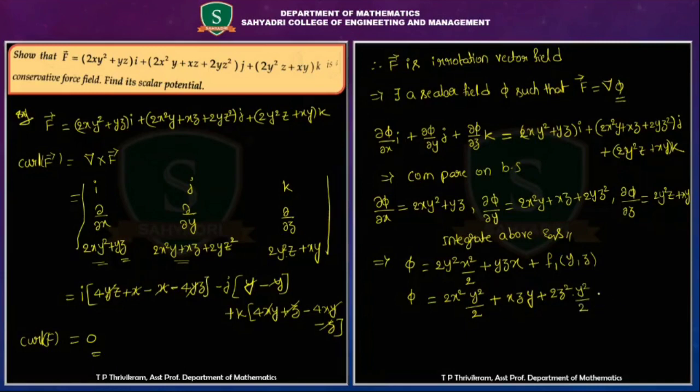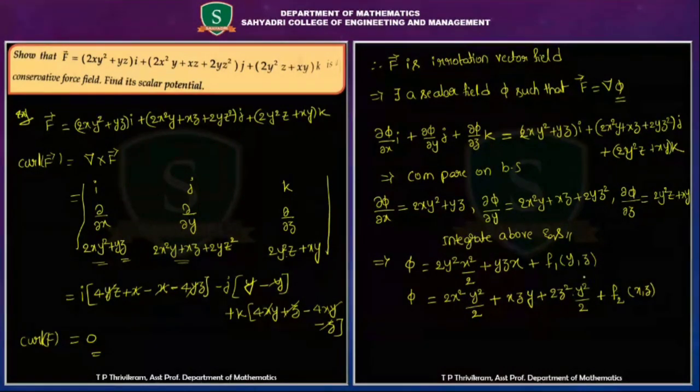Integration of y is y square by 2. Plus integrating constant, I am writing it as f2 of x comma z. Okay. Because whenever you are integrating y, except y, you have to take remaining variables as constants. Correct. So that's why here x and z are constants. So I am writing function in x comma z as integrating constant.